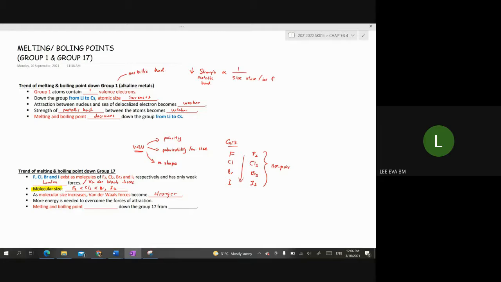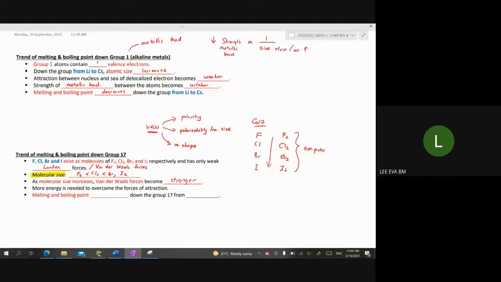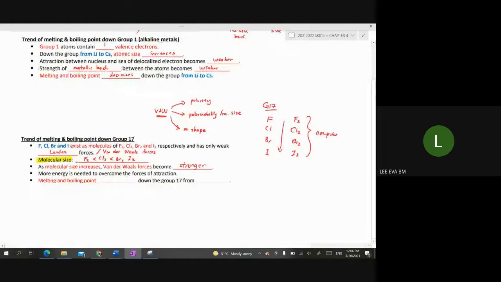That's why you have to make sure you know what forces are inside them. Metallic bond for metals, and for simple molecules like group 17, van der Waals forces. Then we compare the factors. So more energy is needed to overcome the forces of attraction, for melting and boiling point. What is the trend? Increase or decrease?